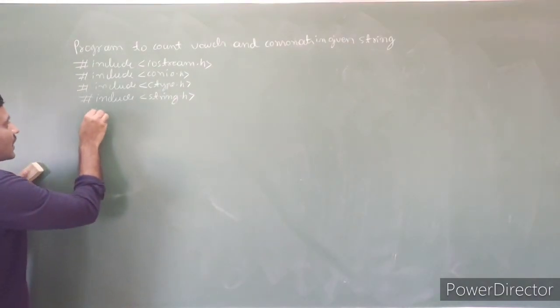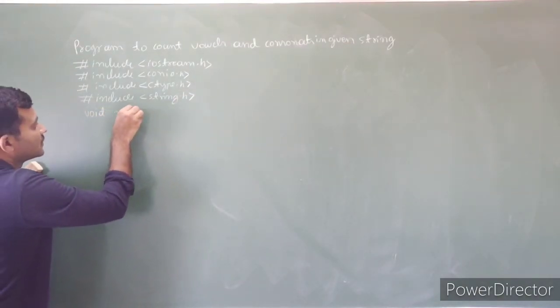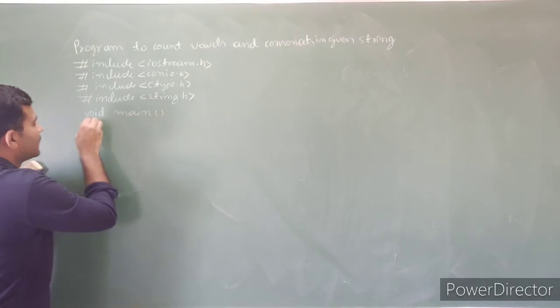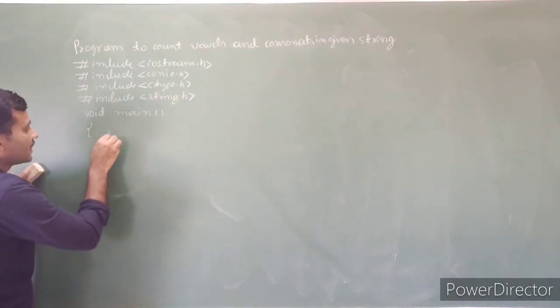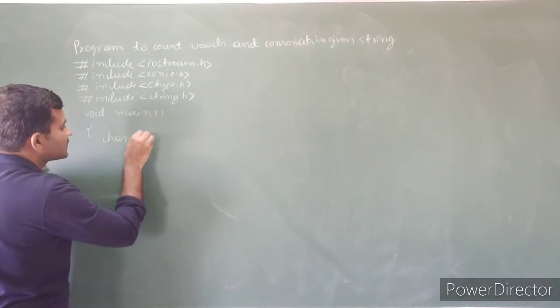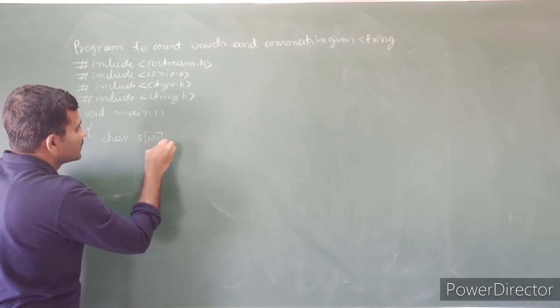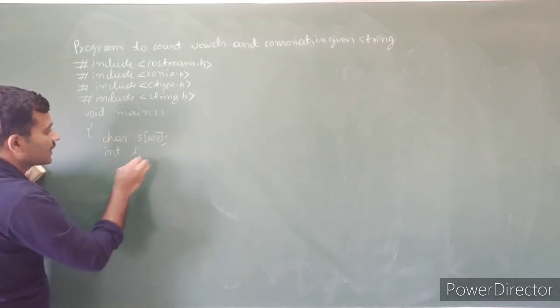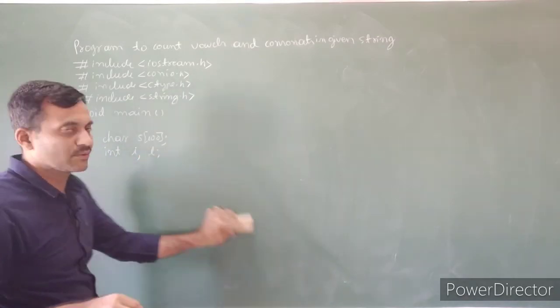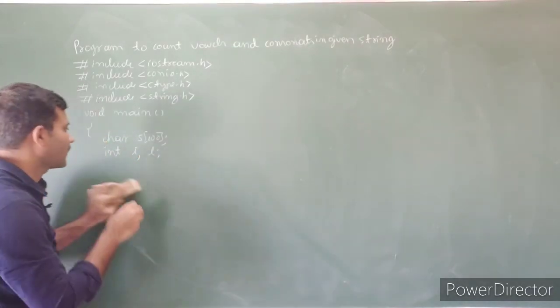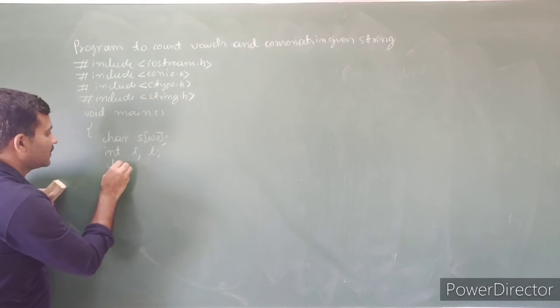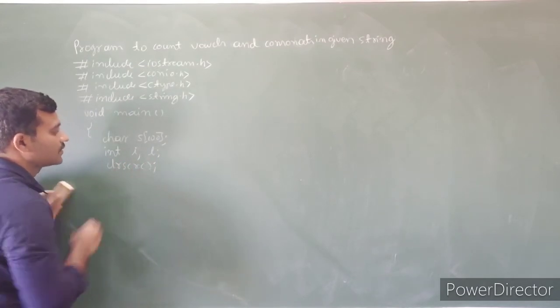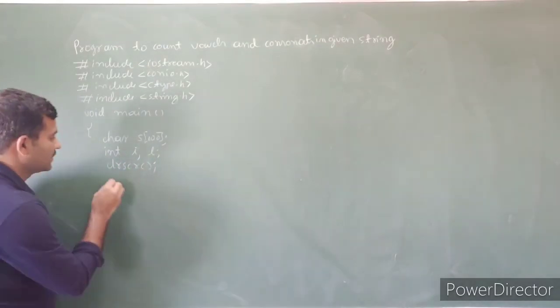Then write the program main. Under that, declare a string character s of 100. Then under integer data type, declare index value and length of the given string. clrscr to clear screen.